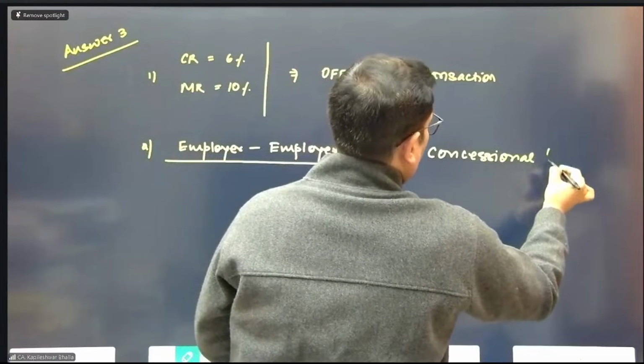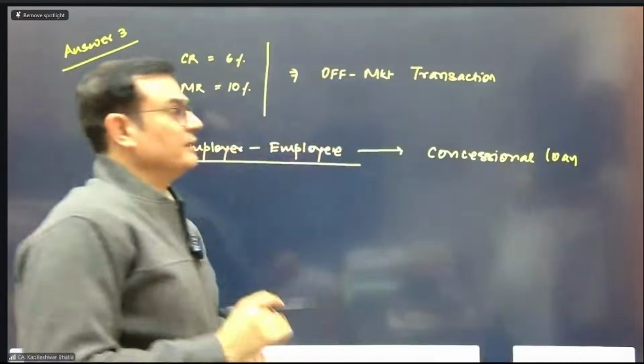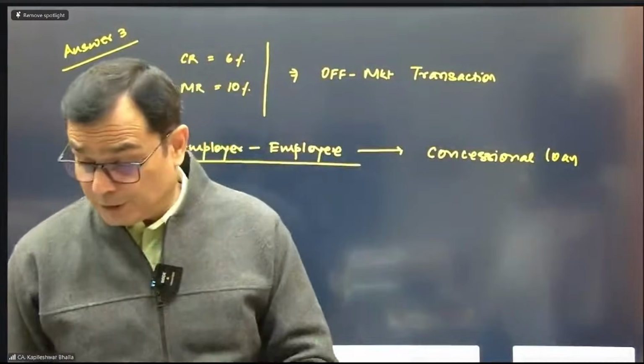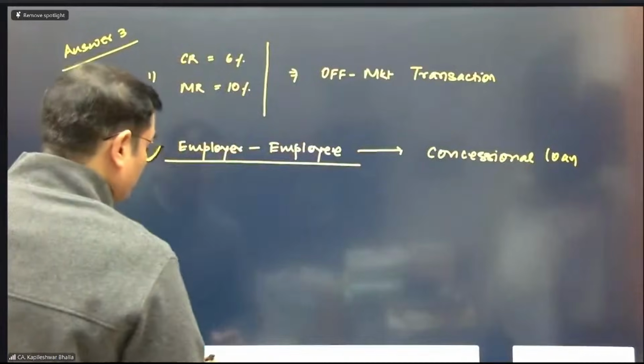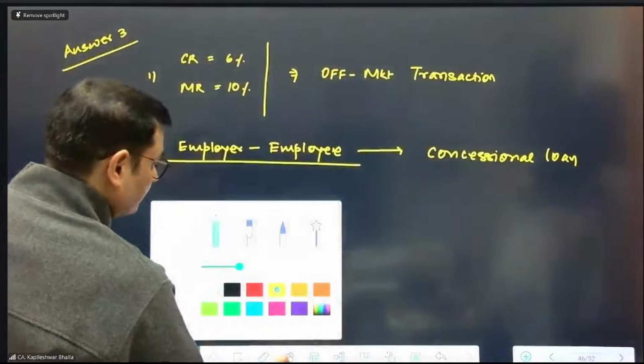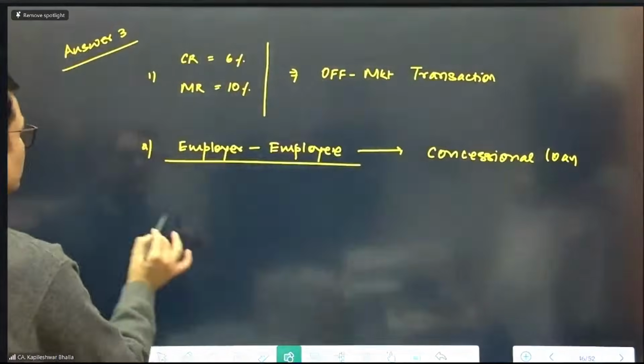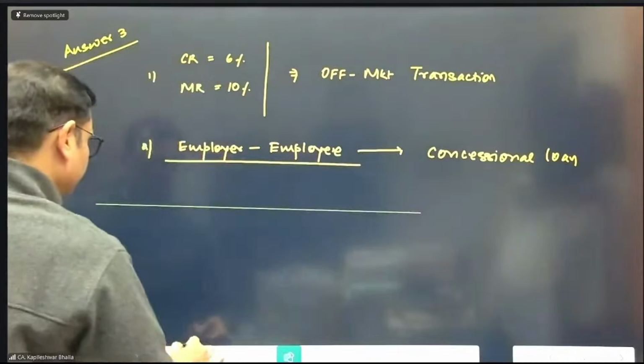So we need to first of all get the fair value. Now this involves a lot of calculations. How would we calculate the fair value? So let's first make working note number 1.